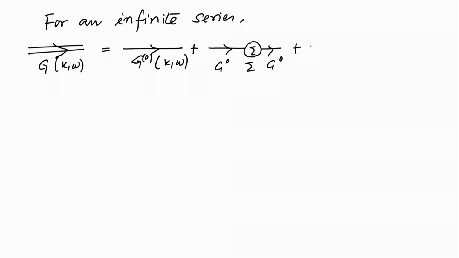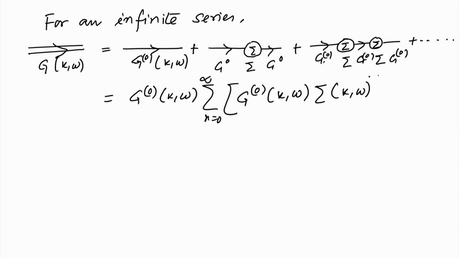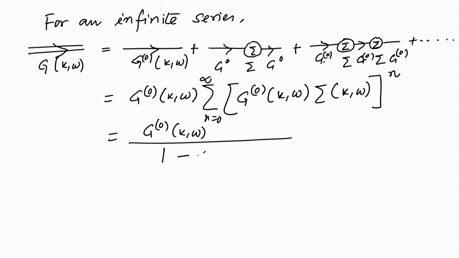So, this plus G 0 sigma G 0 sigma G 0 and so on, and going up to infinite order, one can write down a geometric series with a G 0 k omega, and then there is a sum over n equal to 0 to infinity of G 0 k omega sigma k omega to the power n, and this is equal to G 0 k omega over 1 minus G 0 k omega sigma k omega.